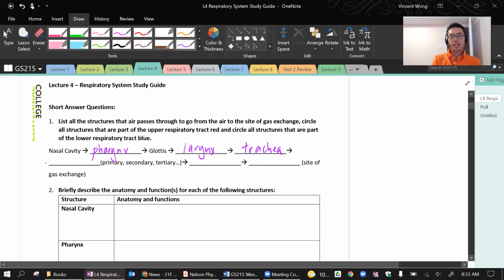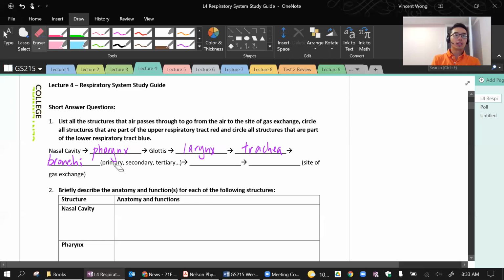You have the right bronchus and the left bronchus. So B-R-O-N-C-H-I, bronchi: I is plural, US is singular. The primary bronchi further branch into the secondary bronchi and then tertiary bronchi.